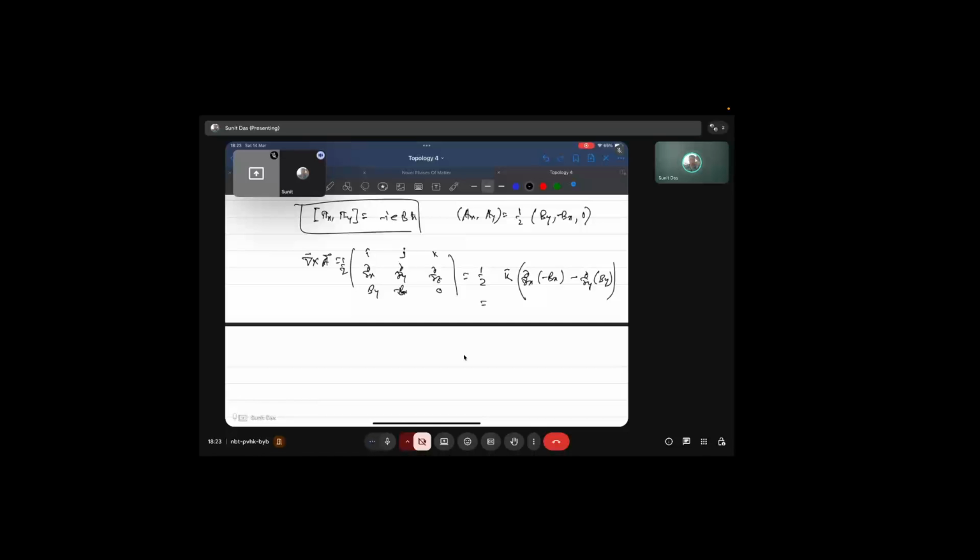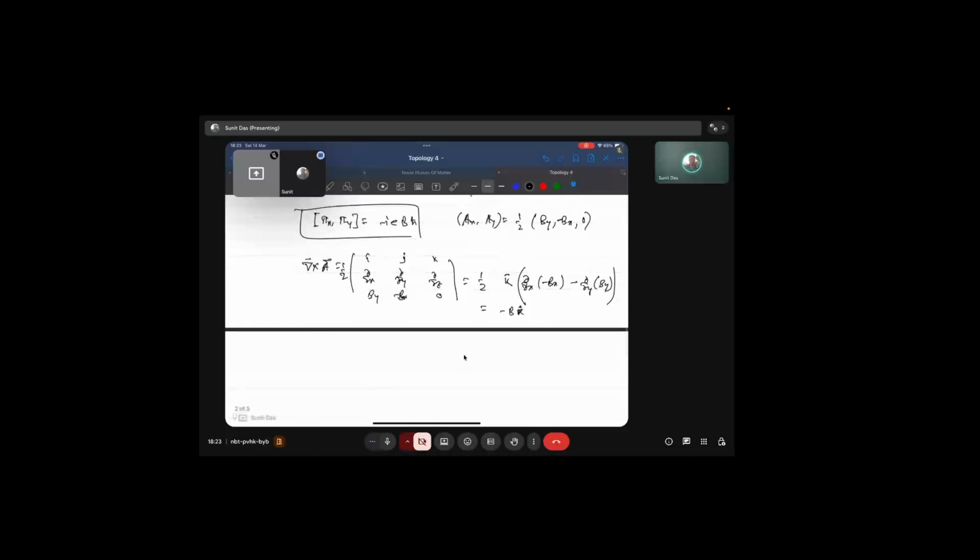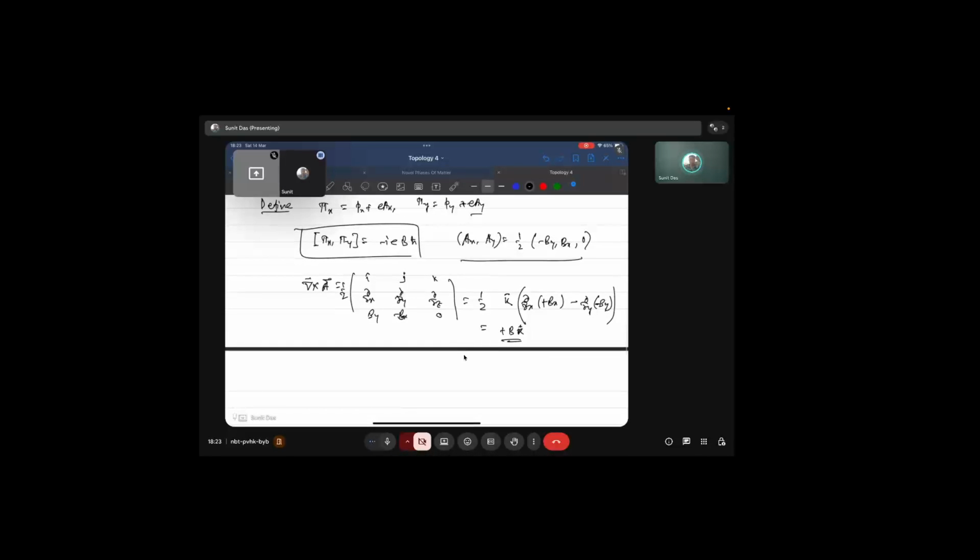So this means we'll have an extra minus k, right? So what we need to do is, the correct form will be: this one minus by plus bx. So I'll get plus here and then extra minus here, and then it will be plus bk. Okay, so this is the form of ax and ay.